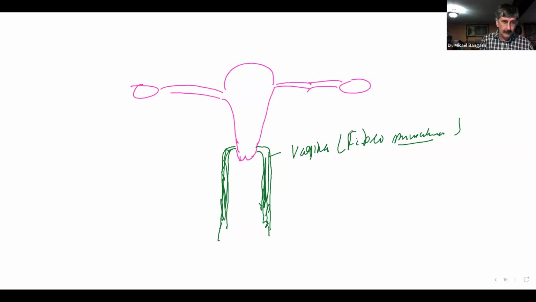Now, ladies and gentlemen, at the lower end there are going to be 2 folds. The inner one, which is also the smaller one, is referred to as the labia minora.